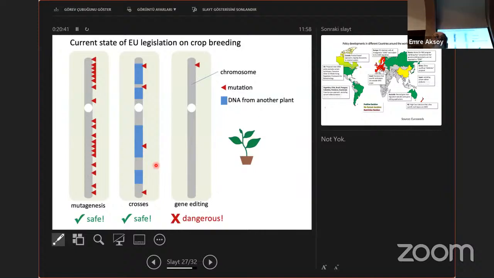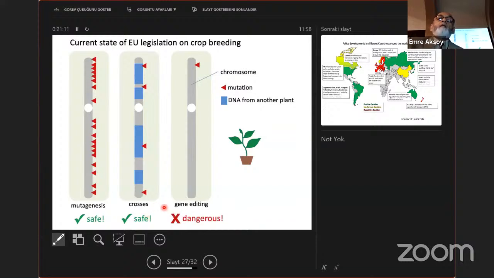So this slide shows the current status of EU legislation on crop breeding. We can see here that they consider mutagenesis safe, although there are so many steps in which mutagenesis takes place. Also in crosses there is mutagenesis, and other technologies, but they consider those safe.